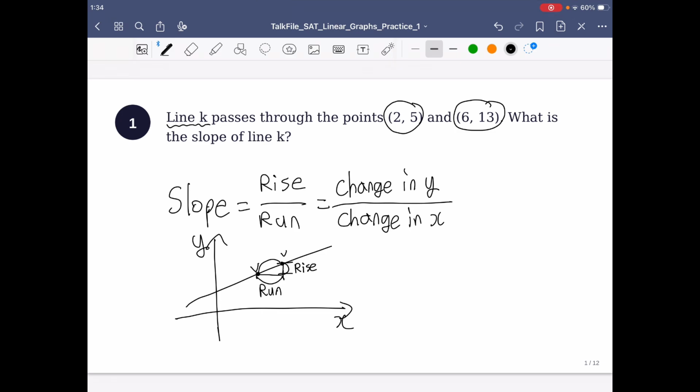So in this case, change in y means 13 minus 5, and change in x means 6 minus 2. That's how we get 8 over 4, which is equal to 2.